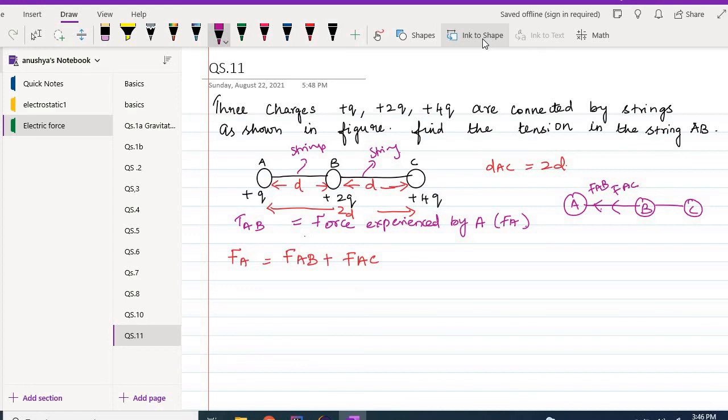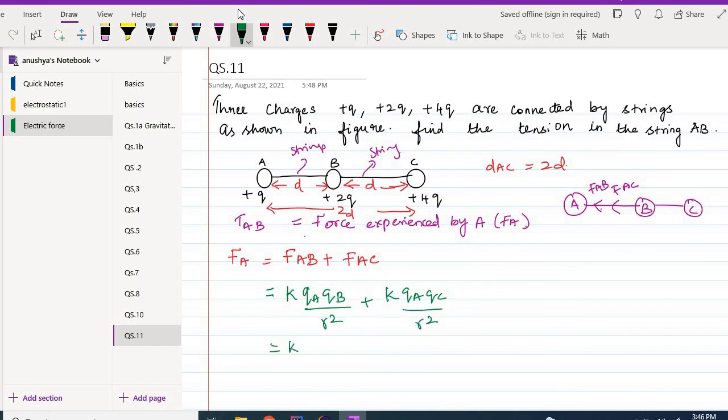Now we can substitute the values in Coulomb's formula. We'll get K into QA QB by R square plus K into QA QC by R square. Now substitute it.